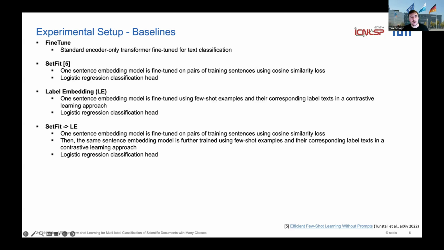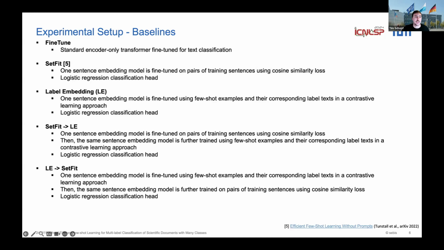In addition, we try to combine the training approaches of SetFit and label embedding in one model. So one sentence embedding model is first fine-tuned with the SetFit approach, and then the training is continued with the label embedding approach, but on the same model. We also experiment with reversing the order.